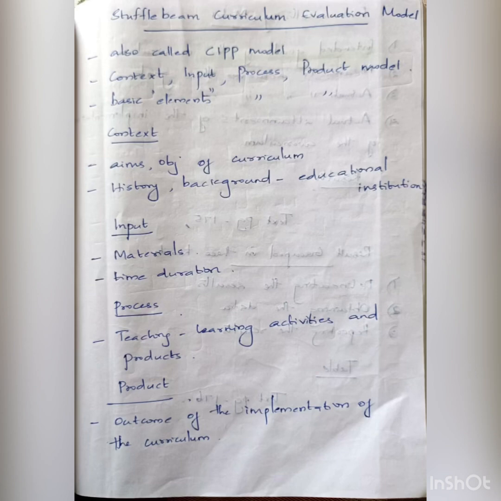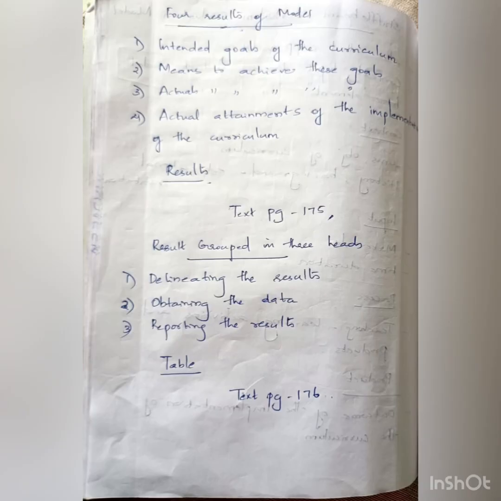Then comes input, that is the materials and time duration. Then process, that is teaching learning activities. Next comes the product, that is the outcome of the implementation of the curriculum. There are 4 results of the model: the intended goals of the curriculum, the means to achieve these goals, then the actual means to achieve these goals, and the actual attainments of the implementation of the curriculum.